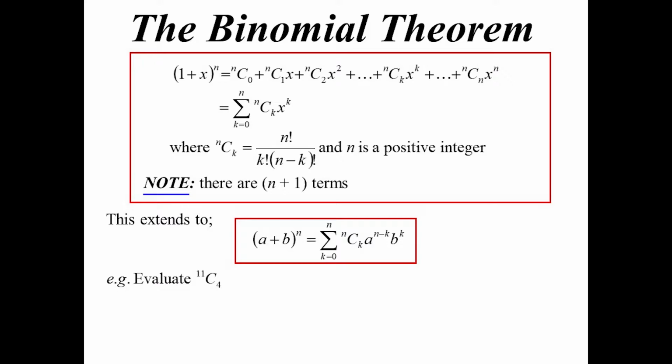Okay. Evaluate 11C4 without your calculator. So that's when we go into factorial notation, and you might recall that idea of rolling out the factorials. So 11 factorial would be 11 times 10 times 9 times 8, but I'll stop there because that'll cancel with the 7 factorial, which would be 7 times 6 times 5 times 4 times 3 times 2 times 1, leaving me with 4 times 3 times 2 times 1, or 4 factorial on the bottom.